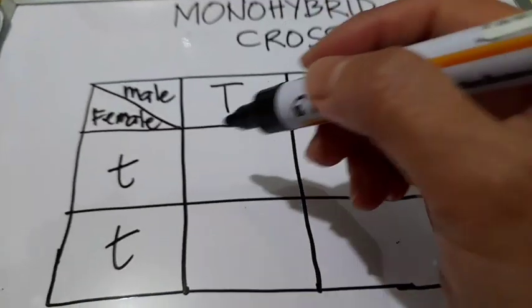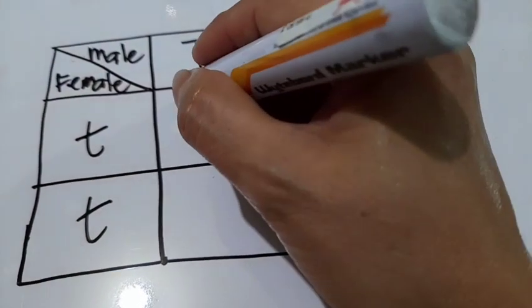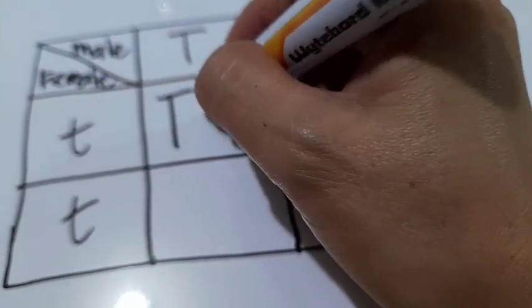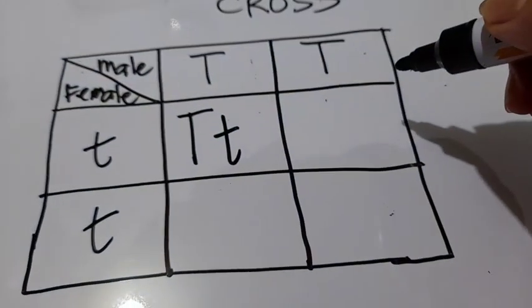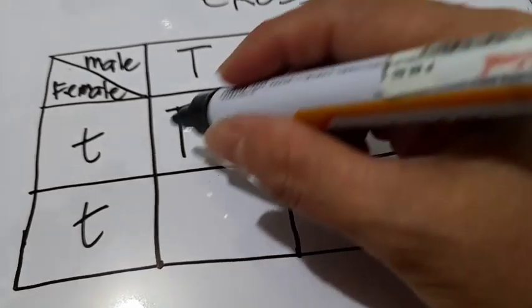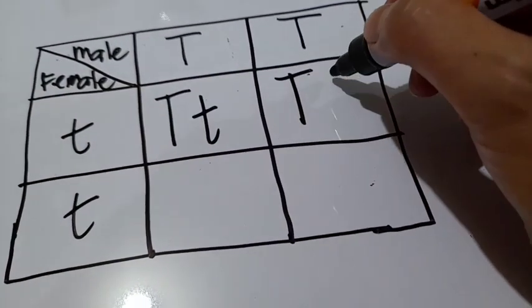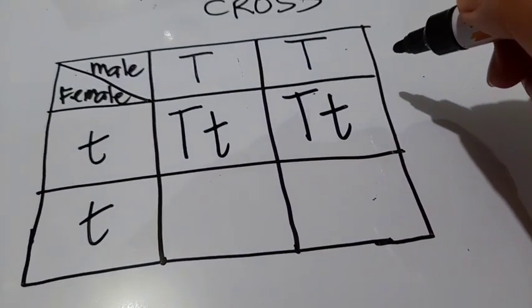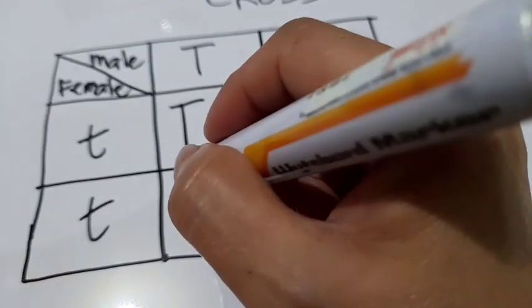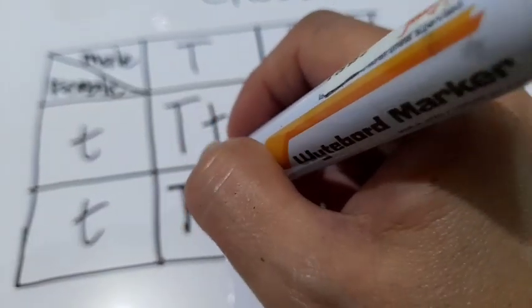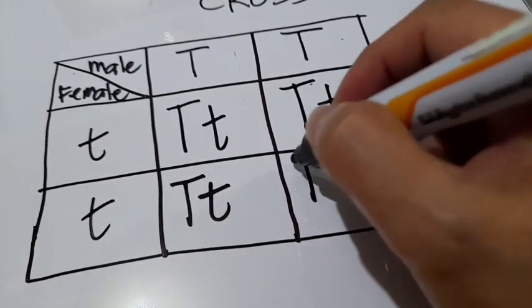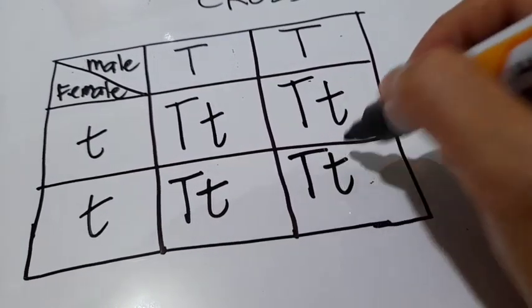So again, let us pair number 1 with number 1. So the phenotype will be tall. Then number 1 with number 2, the phenotype would also be tall. And number 3, yes, very good, it is tall. And the last offspring is also tall.